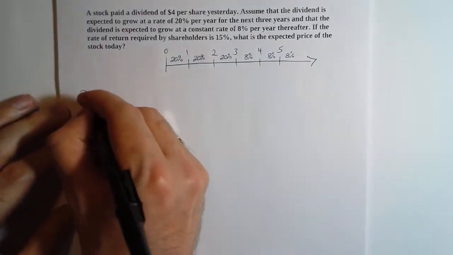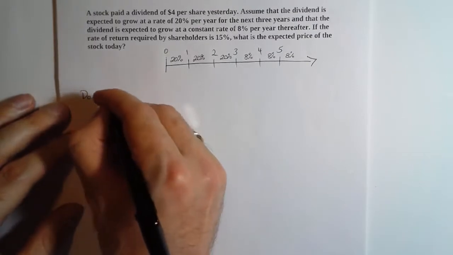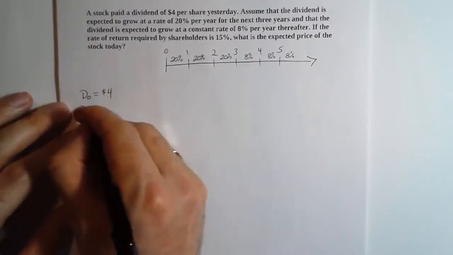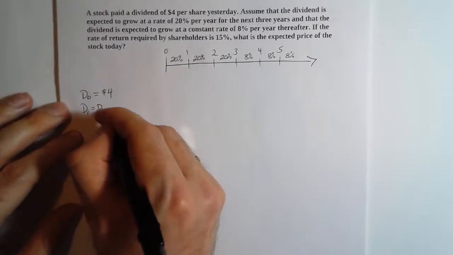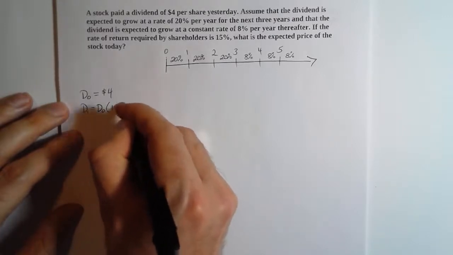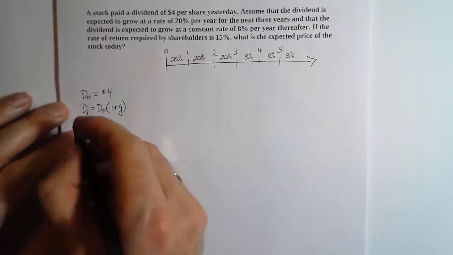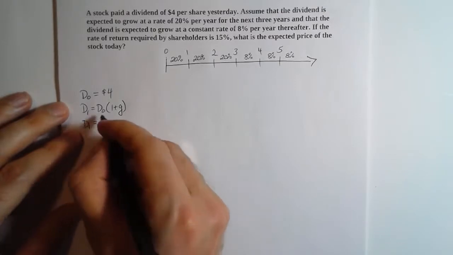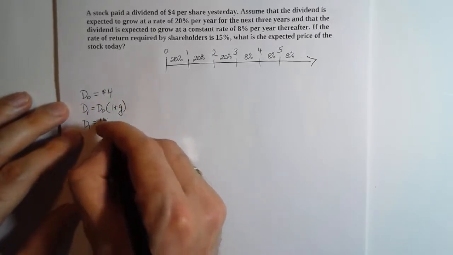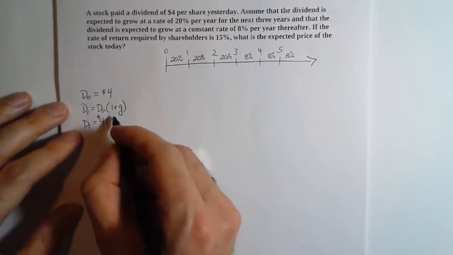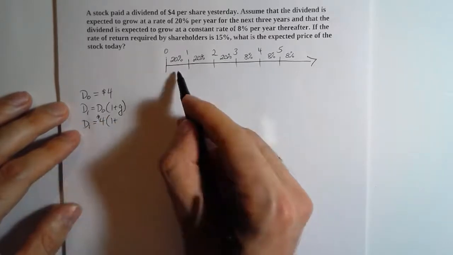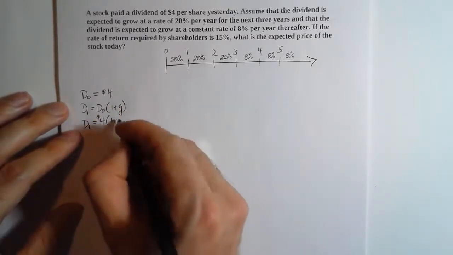If D0 was equal to $4, D1 is equal to D0 times 1 plus the growth rate. In this case, D0 is $4, so we'll substitute in there. And then the growth rate on our timeline for this first year is 20%, so 1 plus 0.20.